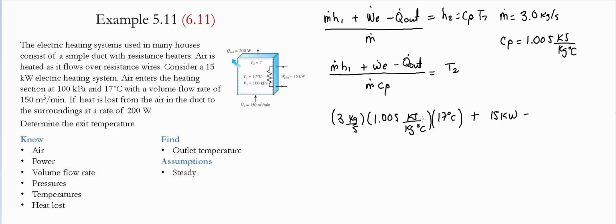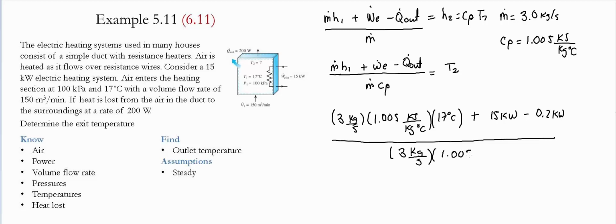However, in order to maintain the units, since we have kilojoules and kilowatts, we need to convert this into kilowatts, so it's 0.2 kilowatts, divided by the mass flow rate, 3 kilograms per second, and once again the value of Cp, and that is equal to the final temperature. If we solve these numbers, we see that the final temperature is equal to 21.91 Celsius.